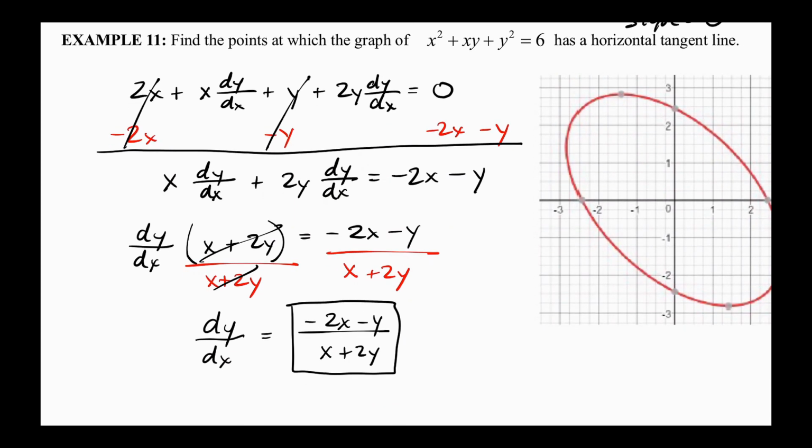My focus is 100% on top. The bottom, for this problem, is not important to me because it has no bearing on whether the thing is going to equal 0 or not. So find the points at which the graph has a horizontal tangent line.